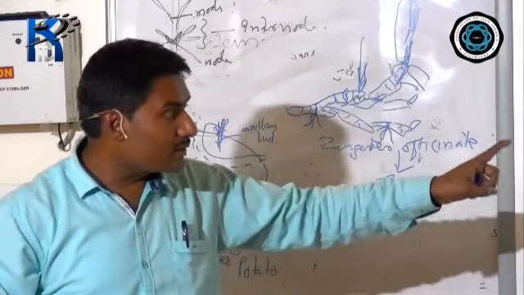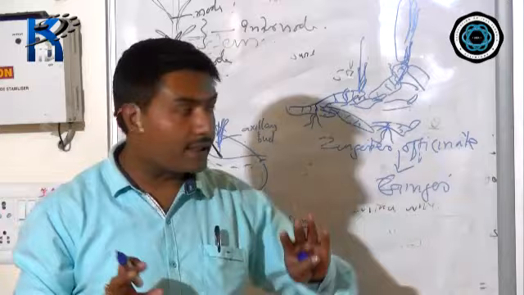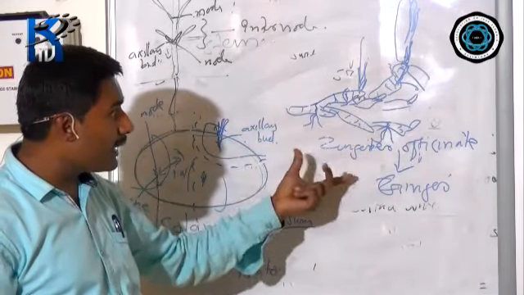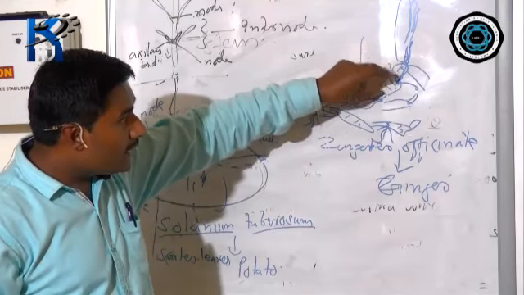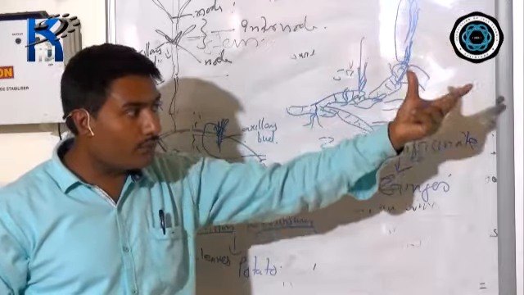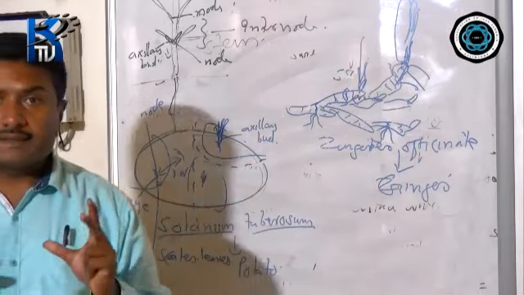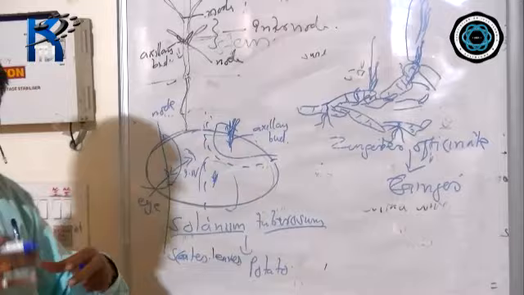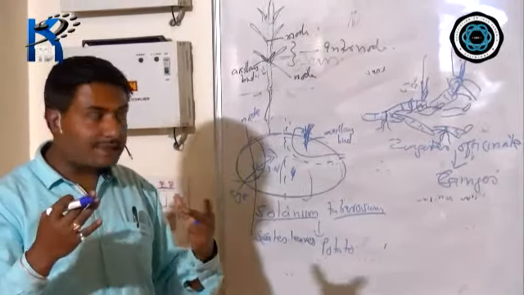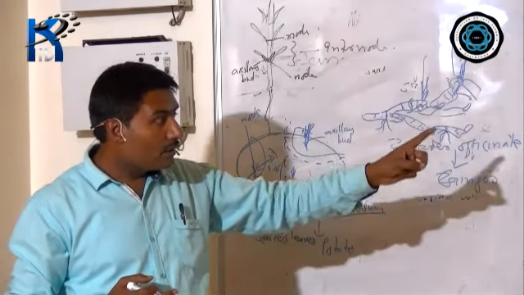When parts of the rhizome separate by natural decay, that means the stored food gets decayed. By that time, whatever food is there is being used by the bud in order to produce a shoot. So very often you observe this in the ginger plant. In ginger, the type of propagation, by which you increase its number, is by rhizome.